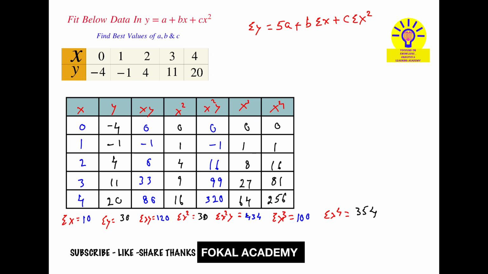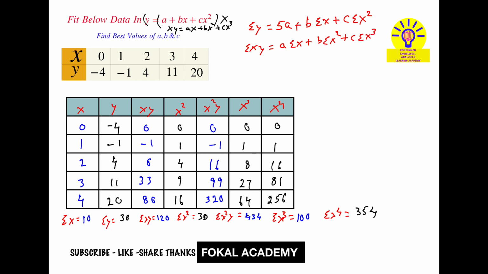Next product this equation with x on both sides, then becomes xy equal to ax plus bx square plus cx cube. Now apply summation for this equation, then we get summation of xy equal to a is constant, a into summation of x plus b into summation of x square plus c into summation of x cube.